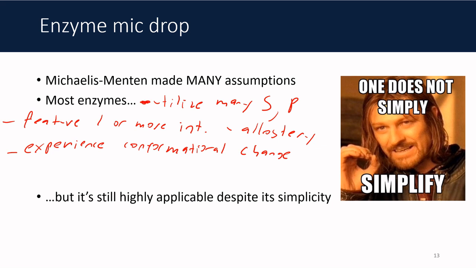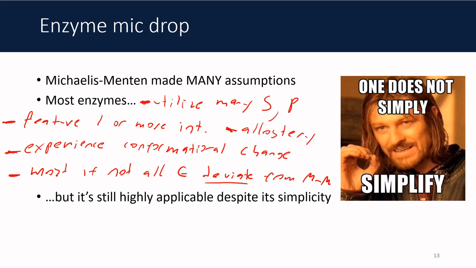These 1, 2, 3, 4 stipulations are not accounted for in the Michaelis-Menten model. And therefore, most, if not all, enzymes deviate from Michaelis-Menten kinetics.